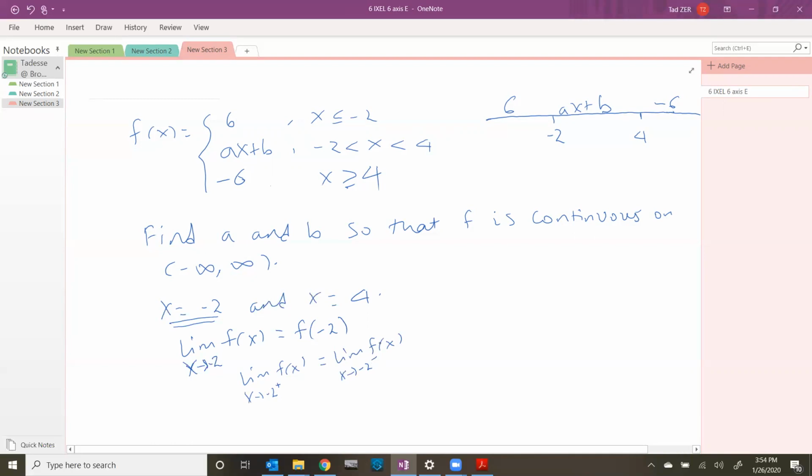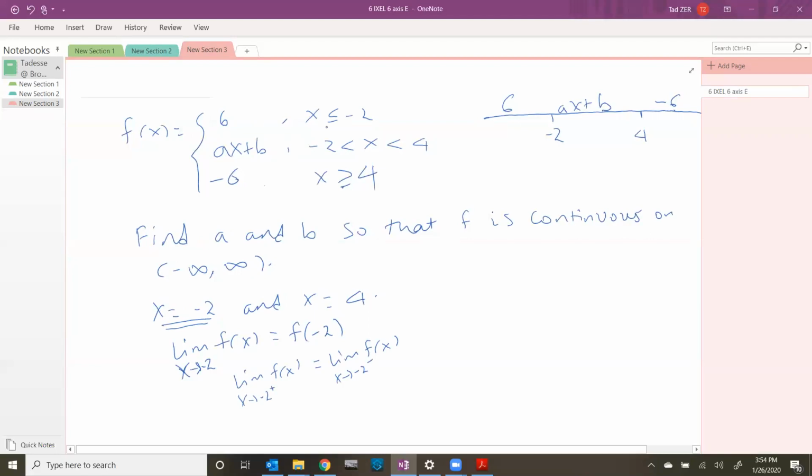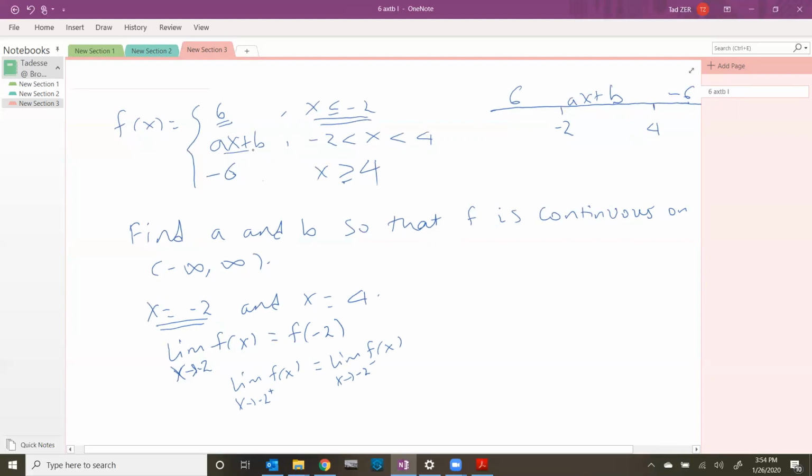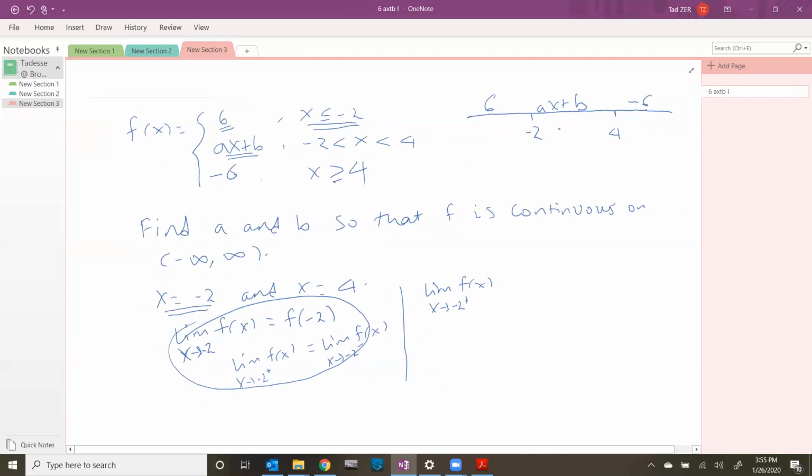So for our case, for x equal to -2, it's defined as 6. So I will be taking this expression and this. Because limit and value are the same, I will say the limit of f of x as x approaches -2 from the right must be equal to the value of the function at -2.